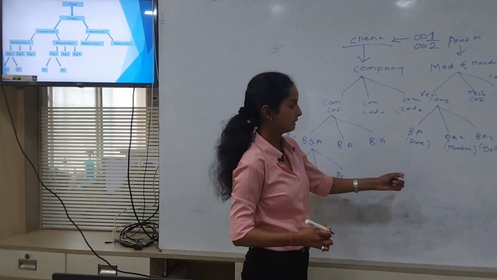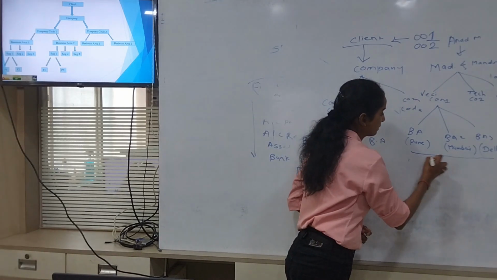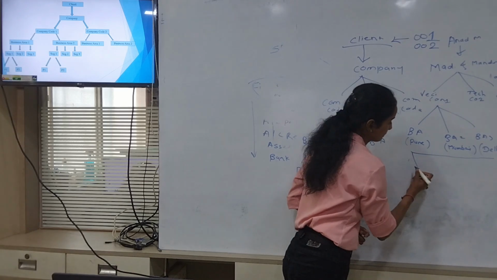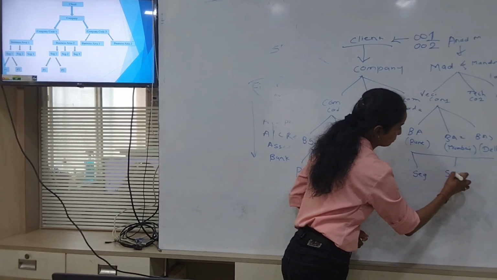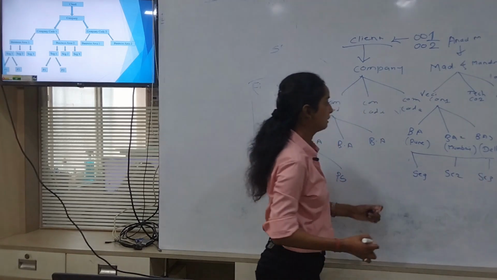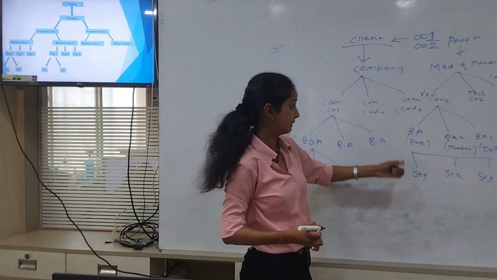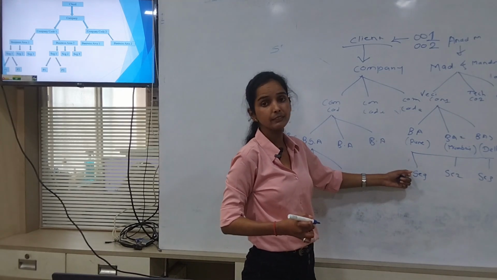The business area is divided into different segments: segment 1, segment 2 and segment 3. The Pune business area, for example, is divided into several segments.